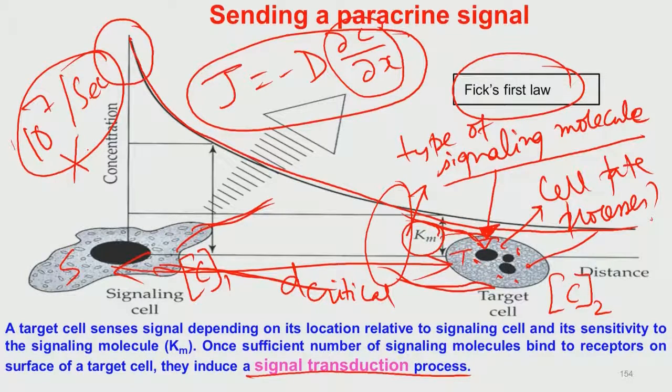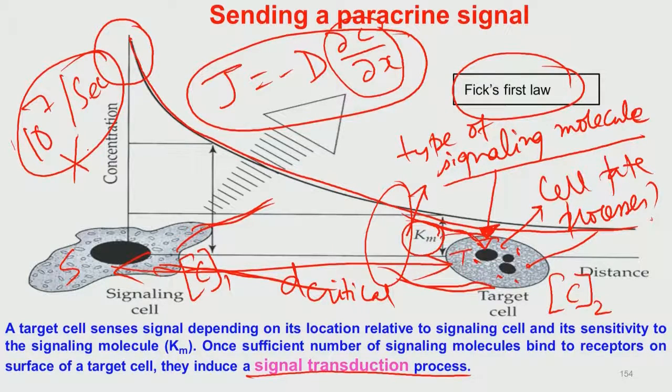The second thing I have mentioned in this slide is that one can arrive at this 10 to the power 7 molecules per second number from the fundamental Fick's first law, which states J is equal to minus D del C upon del X. Third, there is something called a critical distance of separation between signaling cell and target cell, and something called a threshold signal strength at the target cell.